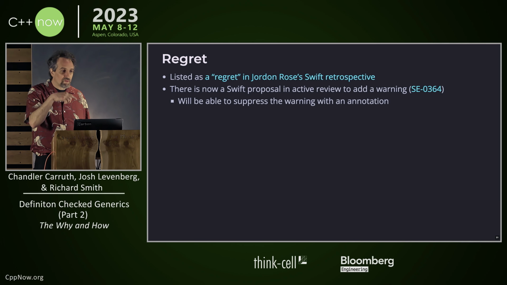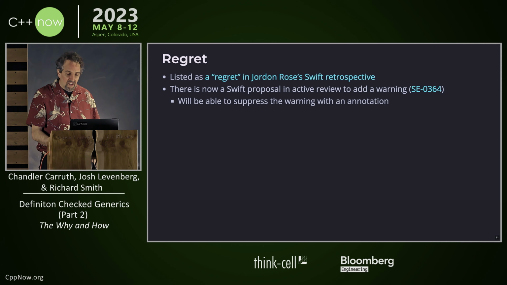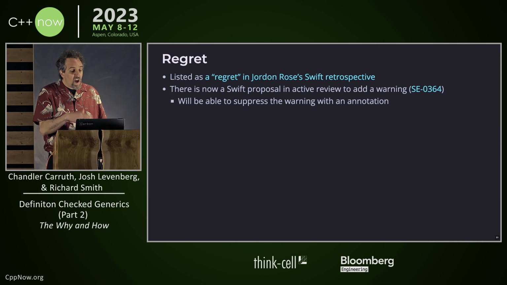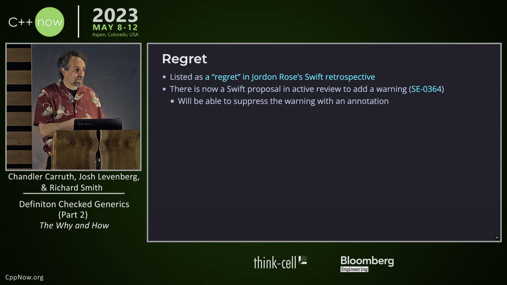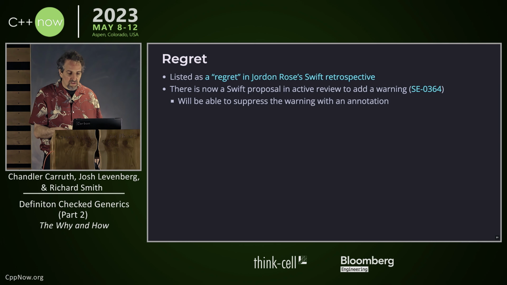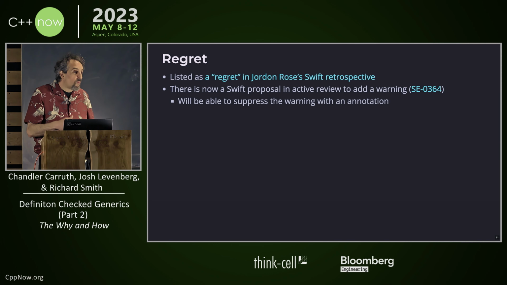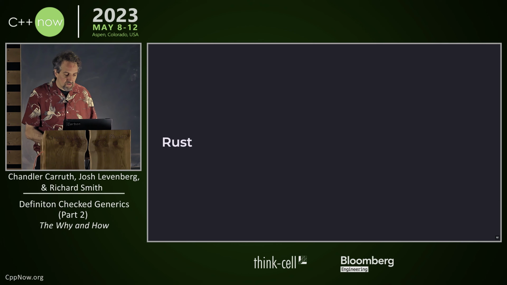If you go to our slides, you can click on that and see how he described his problems. It was just going to be discouraged going forward in Swift. They're adding a warning to Swift to say, don't do that. You can disable it on individual cases, but the guidance is moving away from this.